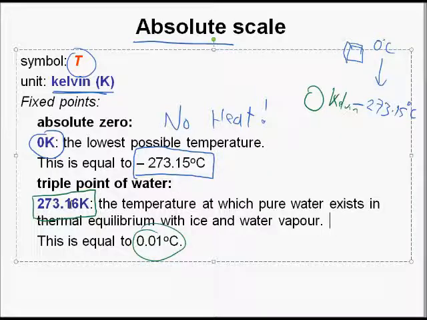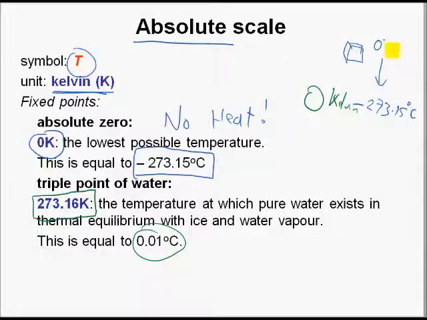It's an interesting point, because at around 0 degrees Celsius it's possible for us to get water in the form of ice, liquid water, or gaseous water, depending on pressure, volume, and some other factors. But this is a different scale that allows us to look at something a little bit more sensible than saying 0 degrees Celsius, which is silly.